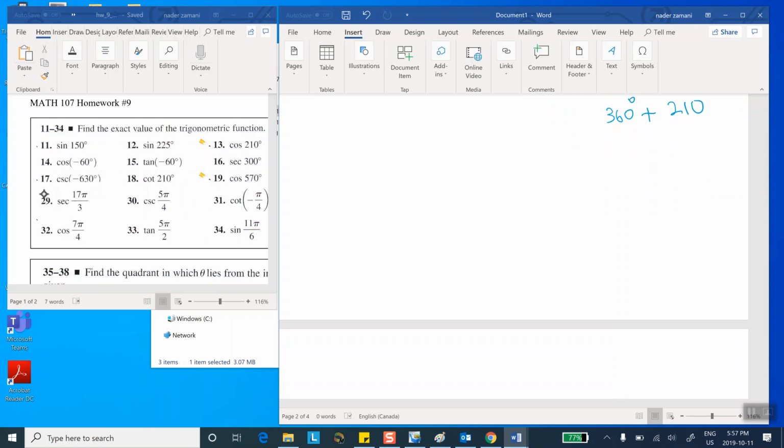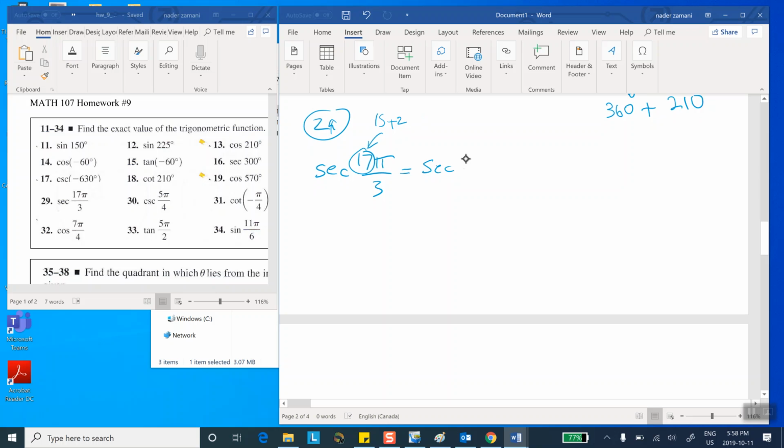Let's see now. Number 29, we have secant of 17 pi over 3. The difference between these and the other problems is that these are written in terms of radians instead of degrees. So this is going to be secant. Now this one, I can write 17 as 15 plus 2.